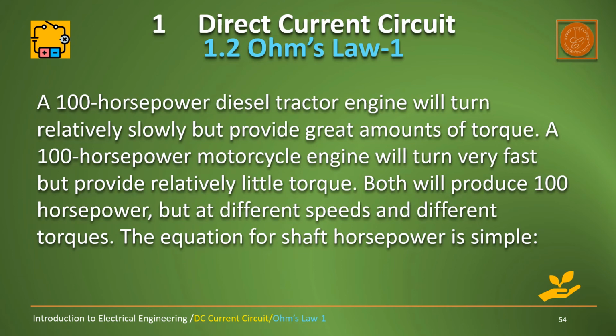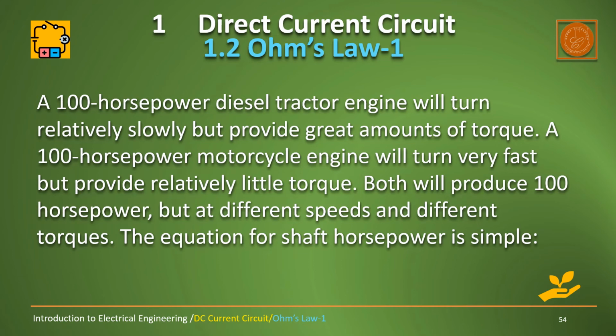A 100 horsepower motorcycle engine will turn very fast but provide relatively little torque. Both will produce 100 horsepower, but at different speeds and different torque.